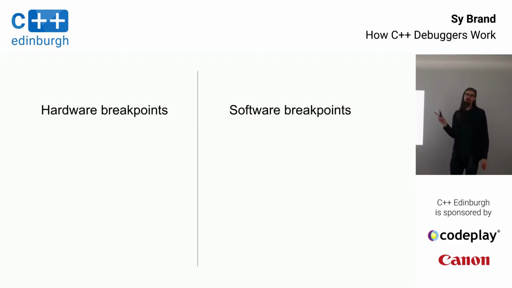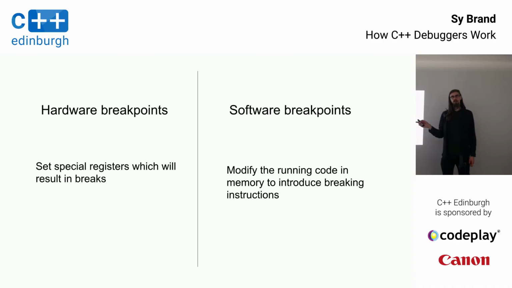Broadly, they're split into two different categories: hardware breakpoints and software breakpoints. With hardware breakpoints, you essentially have special registers, and you write values into these registers which will do some processor-specific thing. So hardware breakpoints are very architecture-specific.